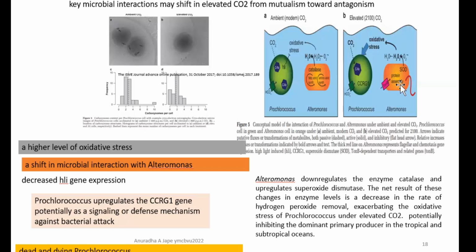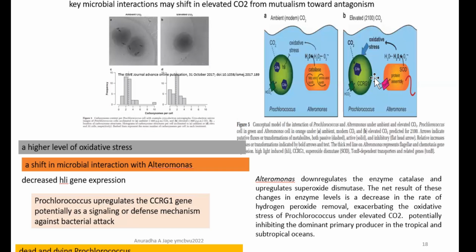At the same time, in case of Alteromonas also, its catalase gene expression gets compromised if CO2 levels are high in the environment. So oxidative stress is getting built up in the niche, and Prochlorococcus does not have a mechanism of its own now to reduce this oxidative stress.